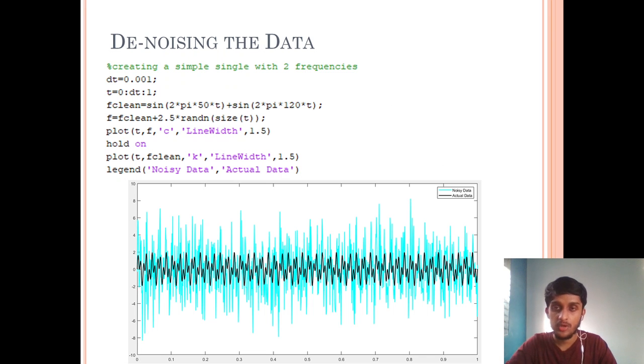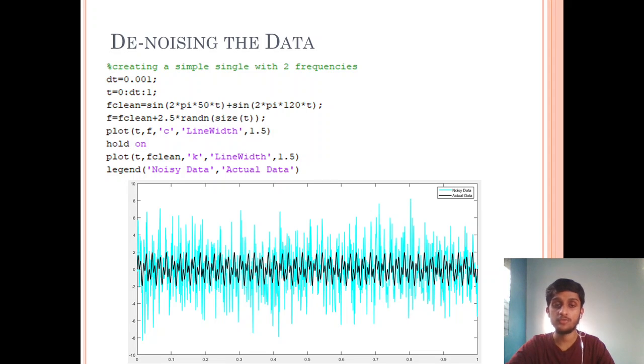The next application I will be talking about is denoising the data. Suppose I have been given a signal, the black signal, which is the actual signal, but due to environmental noise, it has been attenuated and I get the blue signal. Now I want to mitigate this noise and get the actual signal back, right?